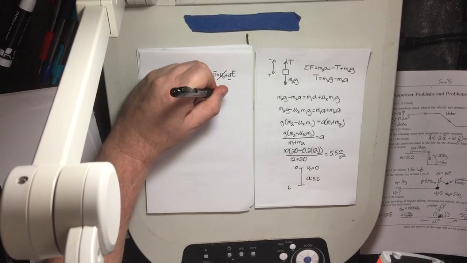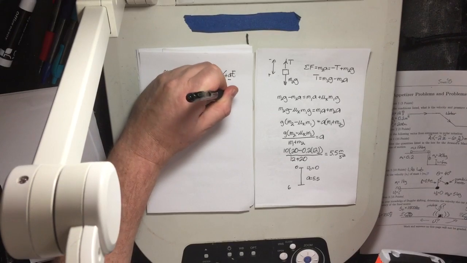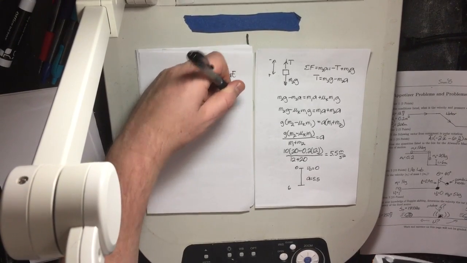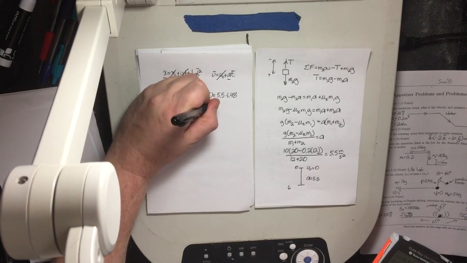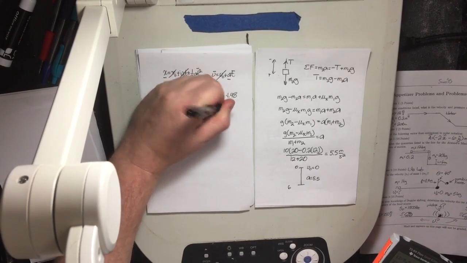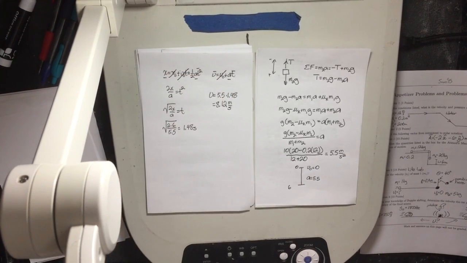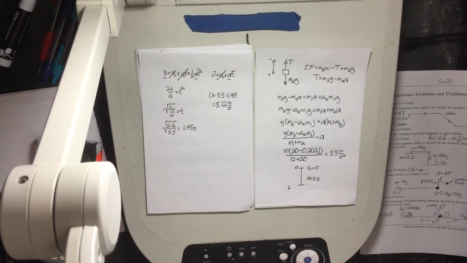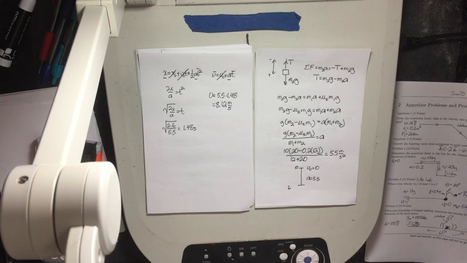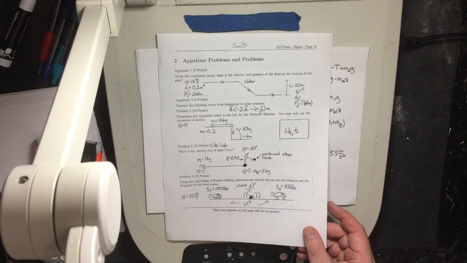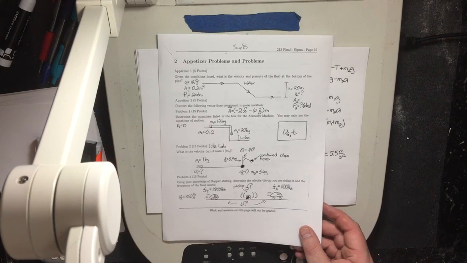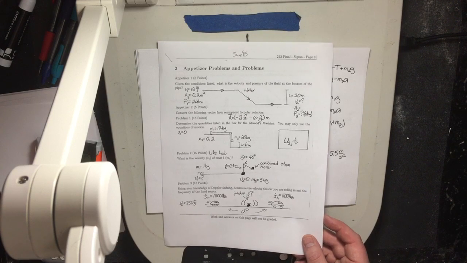Final velocity, 5.5 times 1.48 gives me a final velocity of 8.12 meters per second. Well, if you've got T, you might as well just knock out final V while you're at it. Or if I ask for final V, you're going to get T along the way.